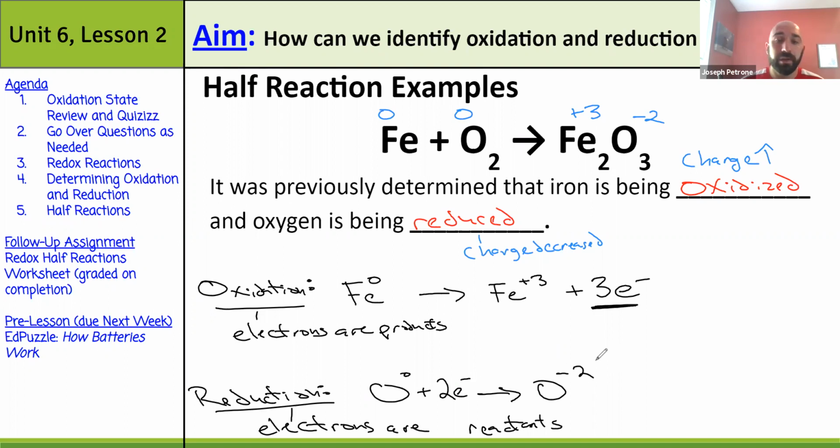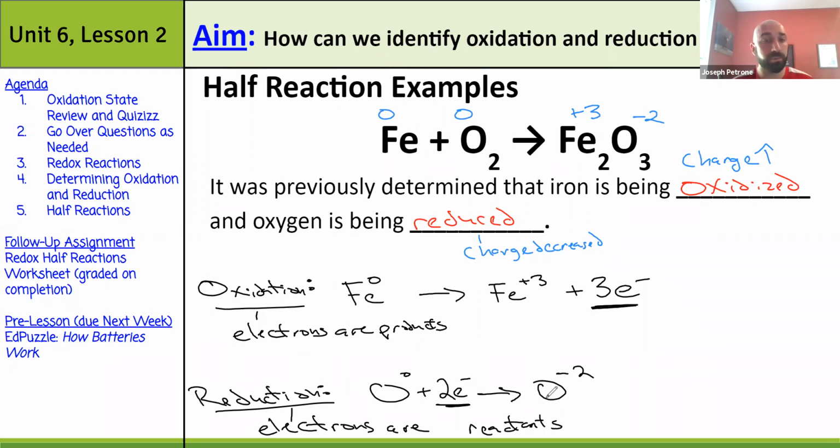And just a reminder, in reduction, electrons are the reactants, so they're on the left side. And then also we are keeping the conservation of charge here, where our charge on the reactant side is -2 from the 2 electrons. And then on the right side is -2 from the oxygen ion.